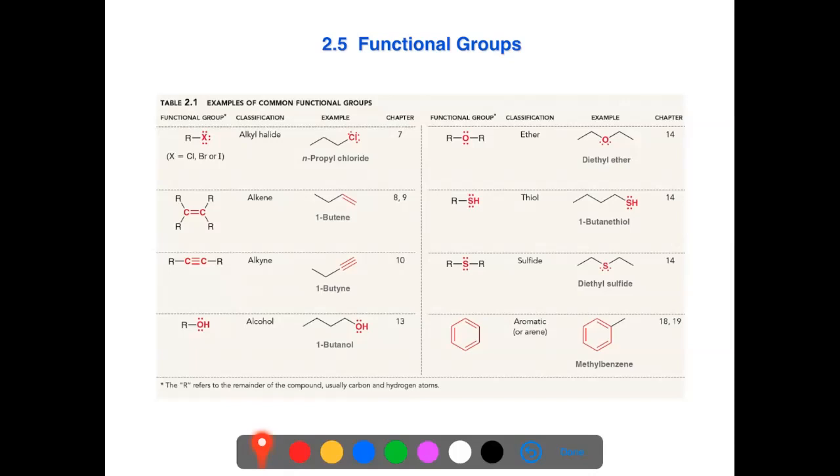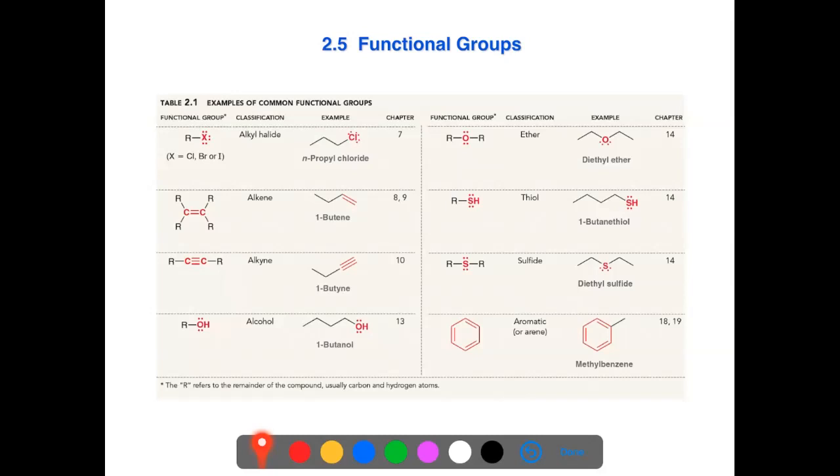So for example, alkyl halides is a way in which we classify the functional group, which is an R group, which can represent any kind of carbon-based system, some hydrocarbon, attached to a halogen, which is often given the symbol X. So that halogen could be a chlorine atom, a bromine atom, or iodine, for example.